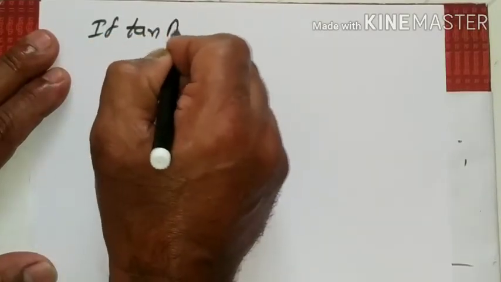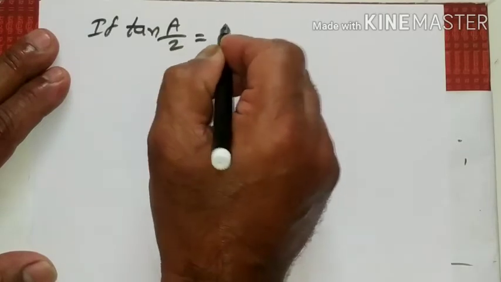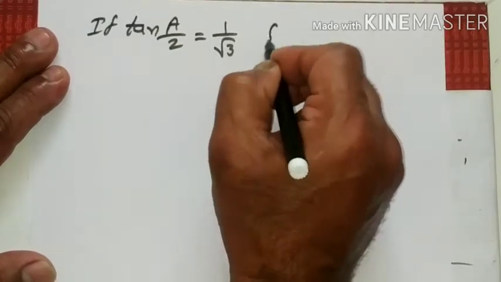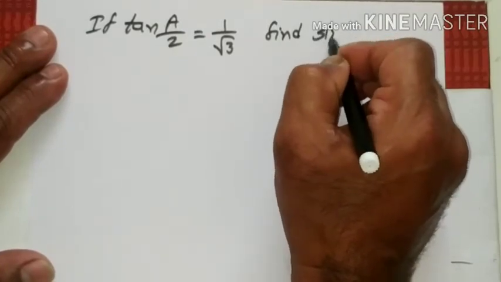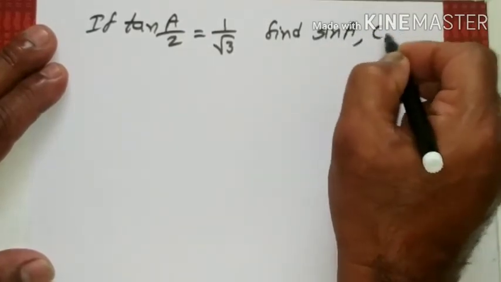Tan a upon 2 is equals to 1 upon root 3. Find sin a, cos a.